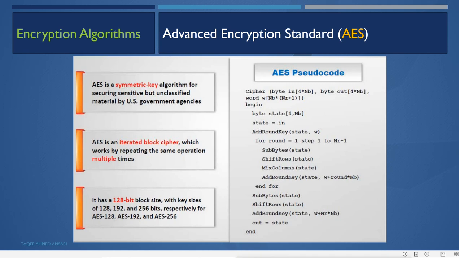Now remember, as the bit size increases, it increases the probabilities. Suppose you encrypt one password or one word with 128-bit encryption. That means the chances of getting the real value from that encrypted value are 1 in 2 raised to 128.